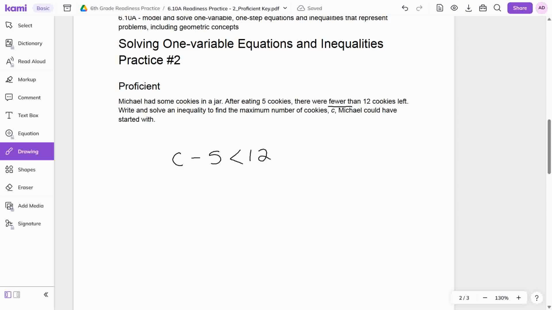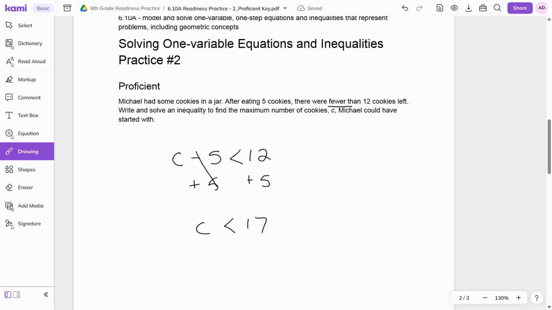Okay, so we're going to start with that, and then what we can do is use the addition property to add, and basically we're going to get C is less than 17. Now, it's not less than or equal to, it's less than 17.